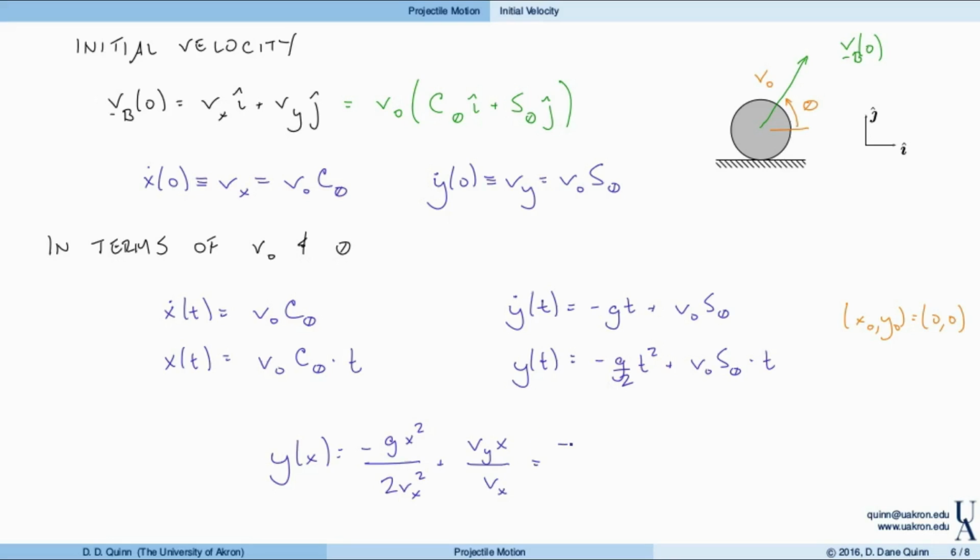It can be written as minus g x squared divided by 2 v naught squared cosine squared theta, plus tangent theta times x. So here we've written the trajectory in terms of the Cartesian measurements, Vx and Vy, and the magnitude and direction of the initial velocity, v naught and theta.